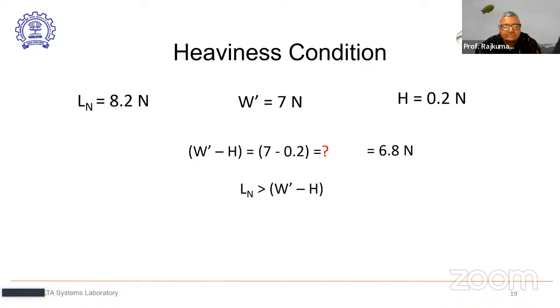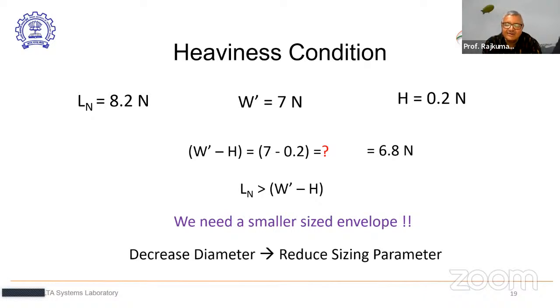So what do we conclude? We began with the envelope with the maximum diameter 0.5. We found that we are short. Then we increased it arbitrarily to 0.7. Now we find that the net lift is more than the required value, so we need a smaller envelope, and hence we must decrease the diameter. 0.5 was not enough, 0.7 is much more than enough.